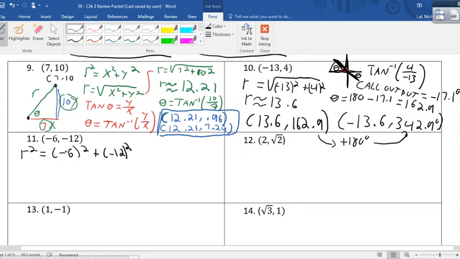So negative 6 squared is 36, negative 12 squared is 144. 144 plus 36 is 180. So r squared is going to be equal to 36 plus 144, that means r squared is equal to 180, which means r can be accurately described as the square root of 180.